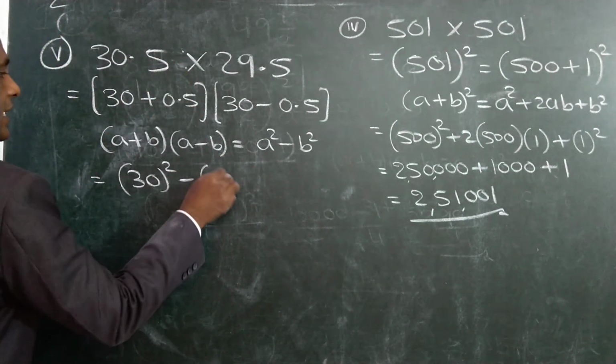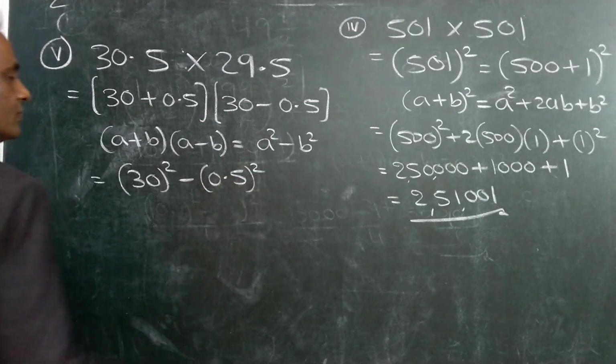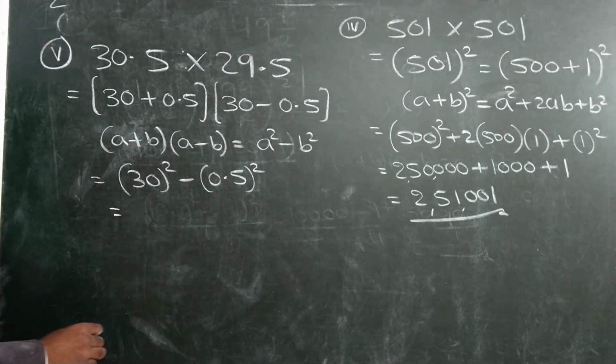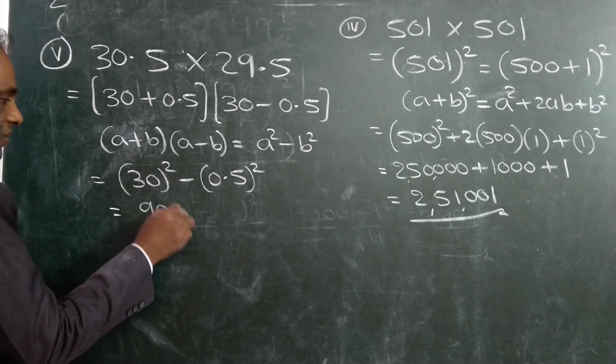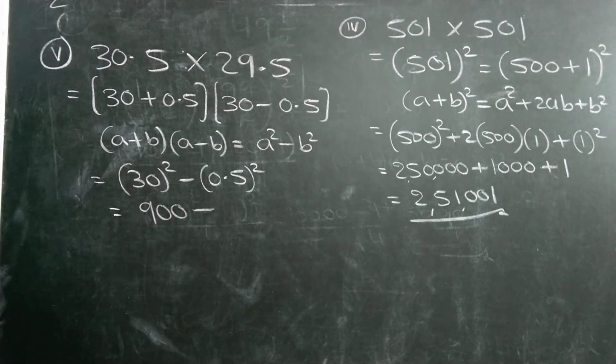a square minus b square. 30 into 30, 900. Any doubt?